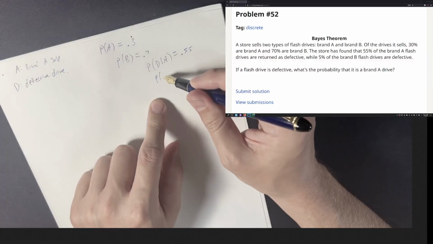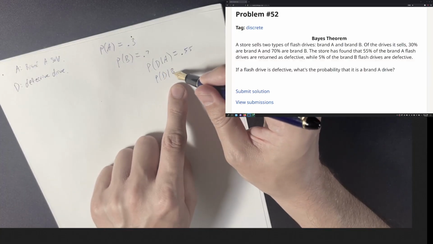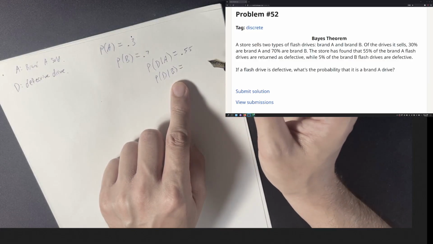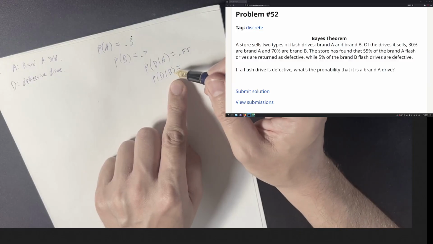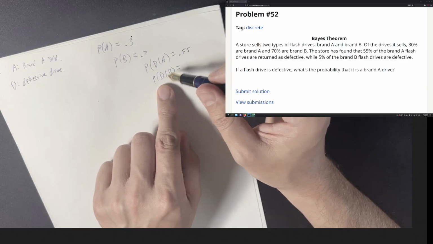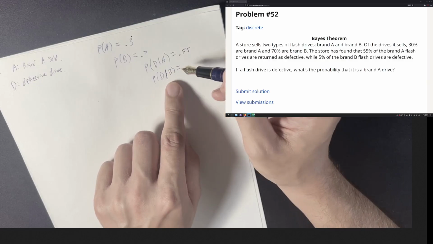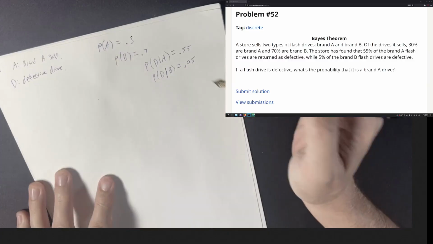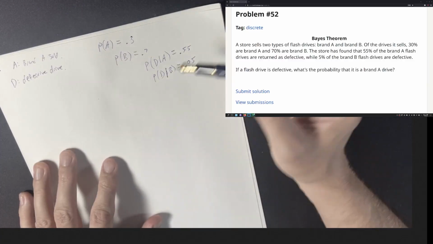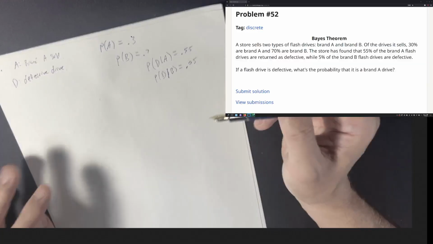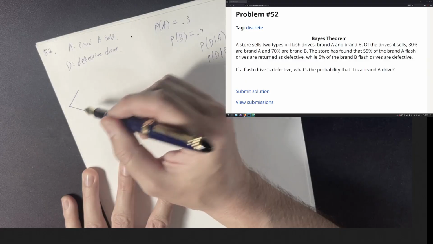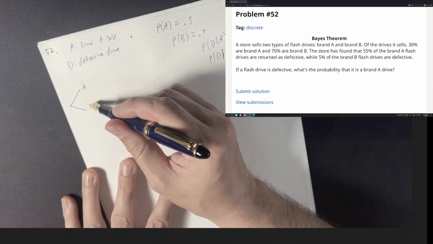And given that you purchased a brand B drive, the probability that it's defective, given that it's from brand B, is 5%. So if you already know the formula, these are the numbers you need, you just crunch away and we're done. But usually I'll try to put a little visual here for people.